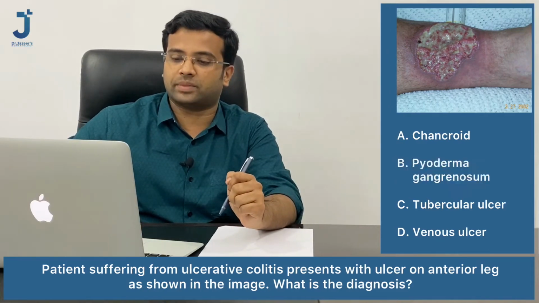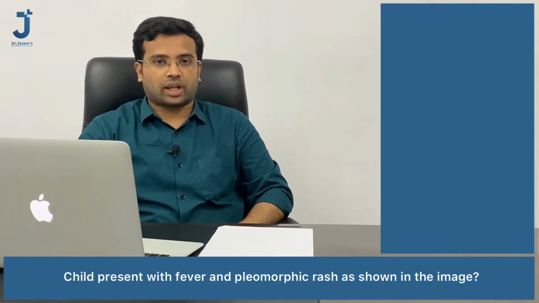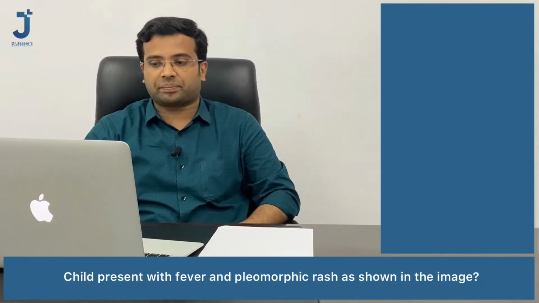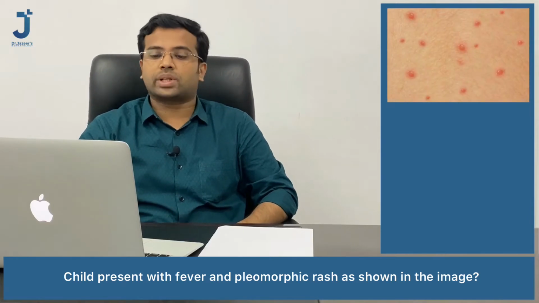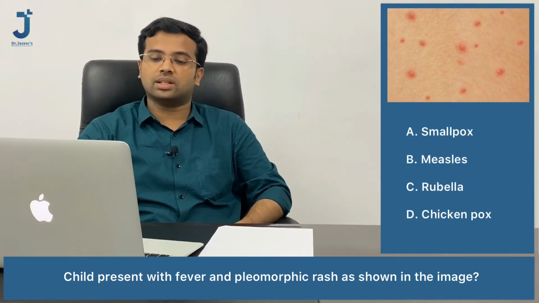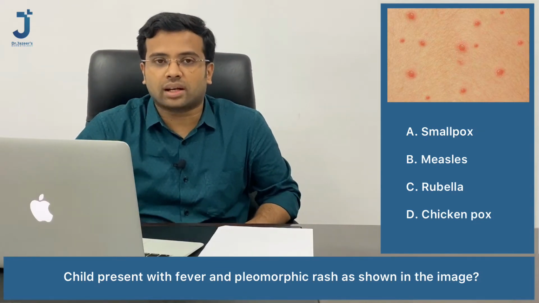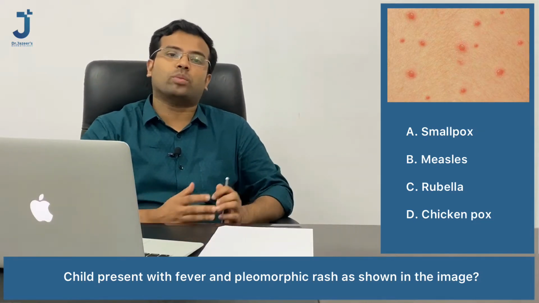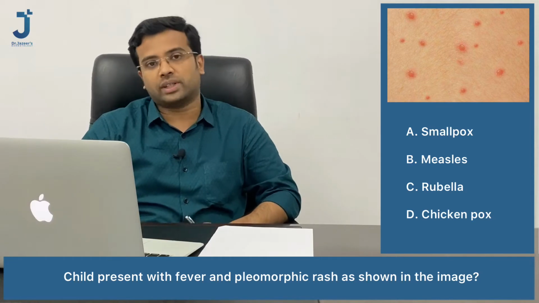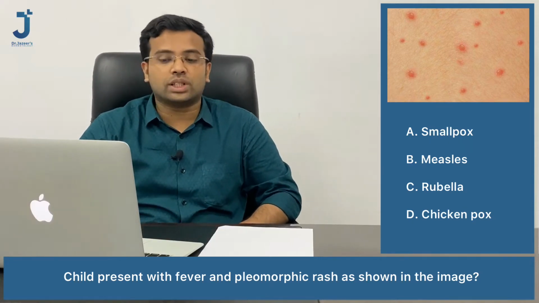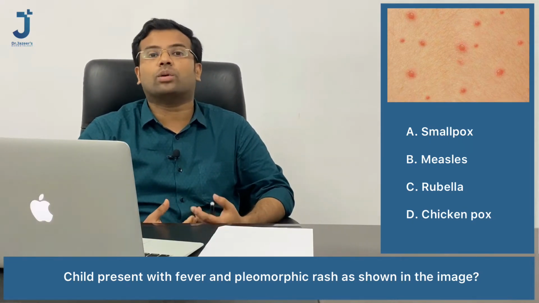So now let's see the next question. A child presented with fever and a pleomorphic rash as shown in the image. Options are smallpox, measles, rubella and chickenpox. In this question, it is a child. Fever may be a prodromal symptom before the onset of the rash. And in which of these diseases do we get a pleomorphic rash?